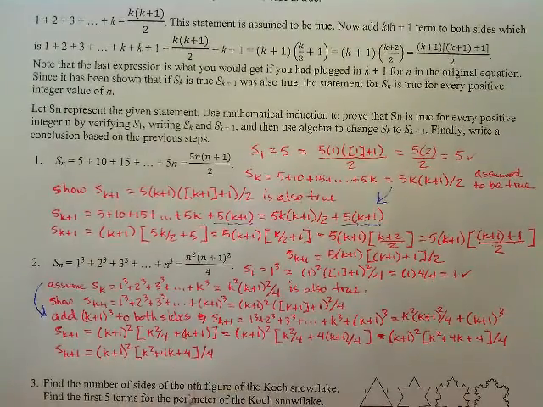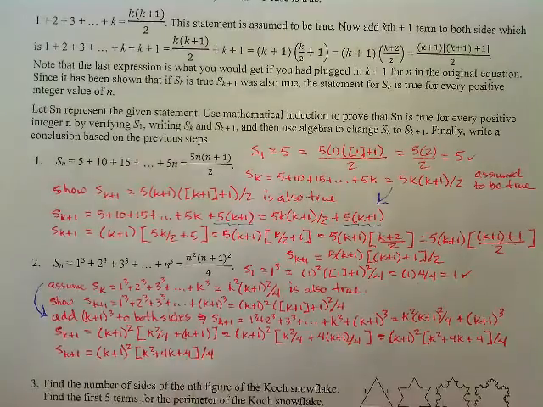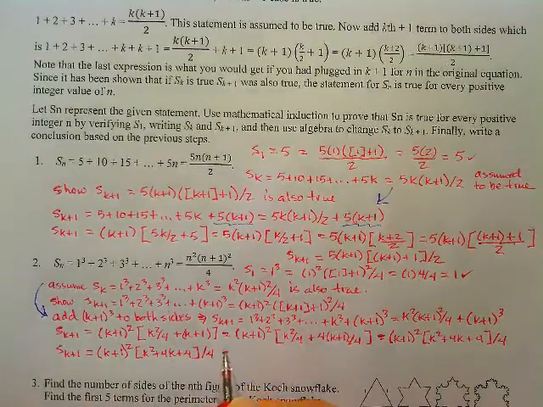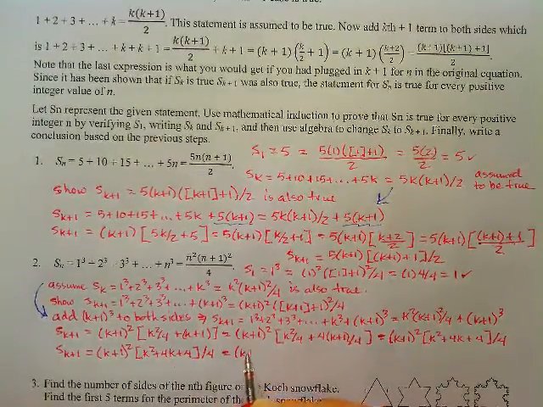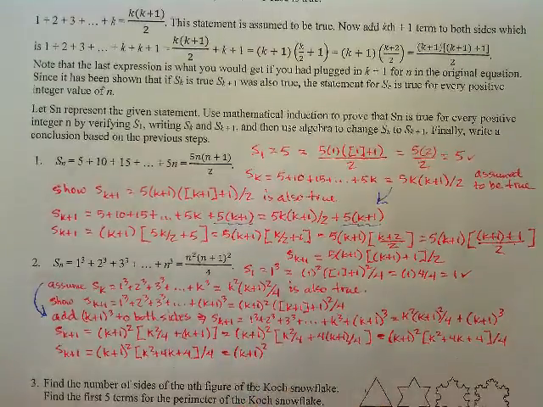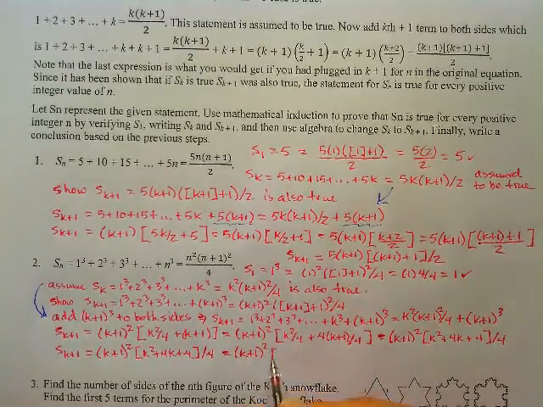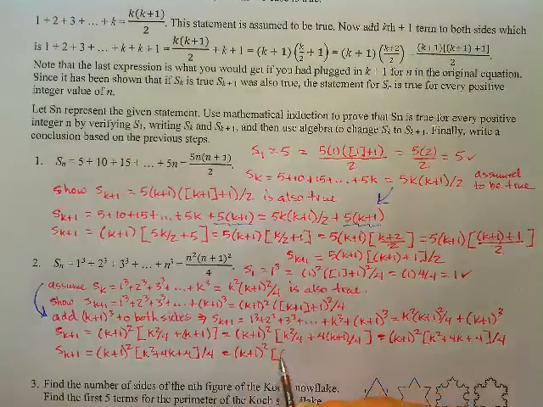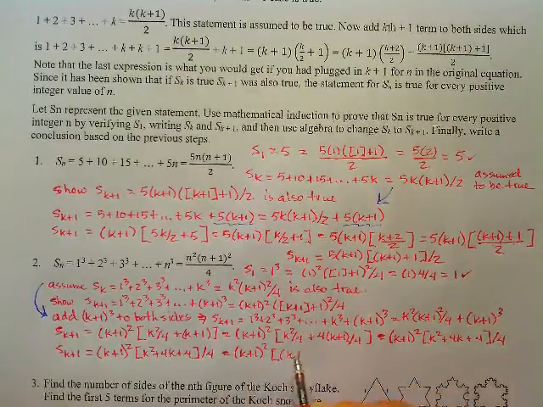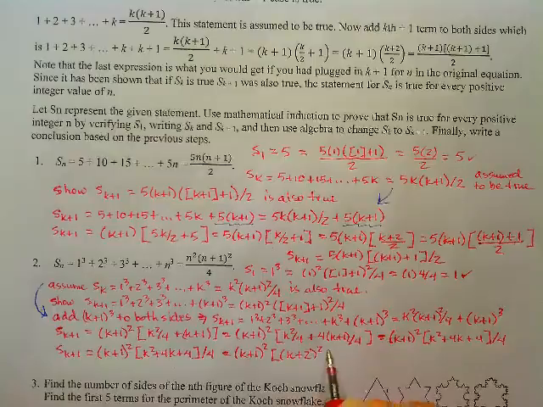Now it turns out that this part is factorable. So we still have our (k+1) squared, but now in here, that is actually (k+2) squared.